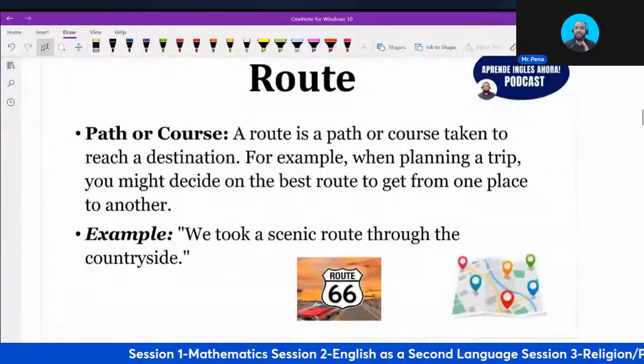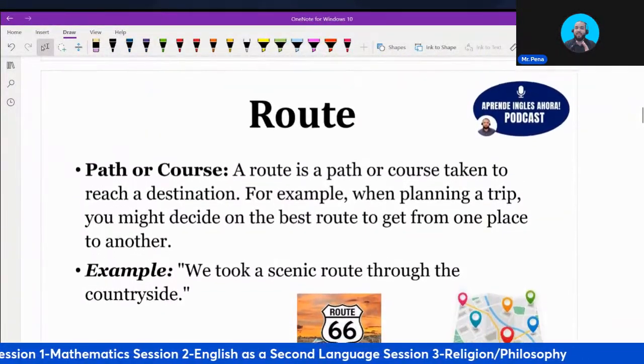Very good. Now we go on to the first word, which is route.